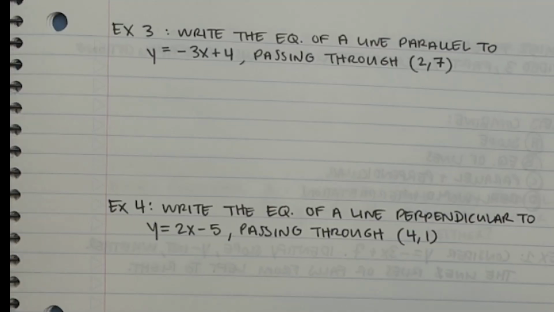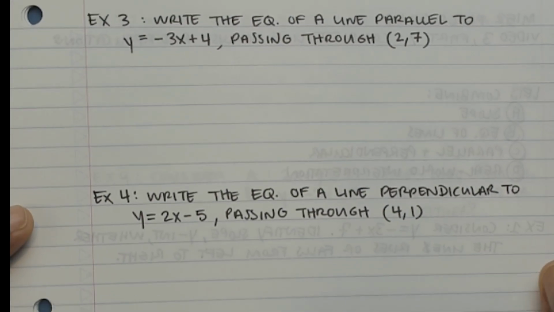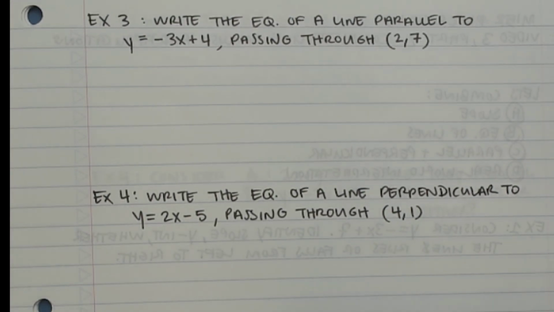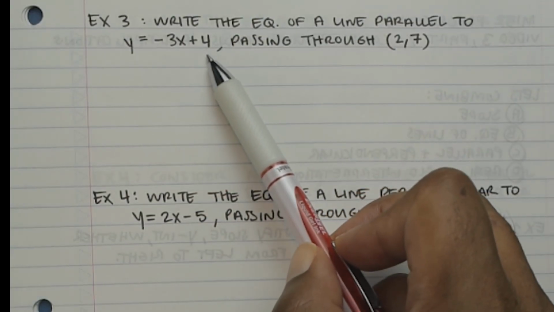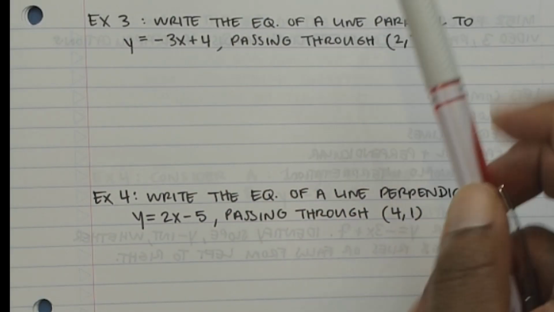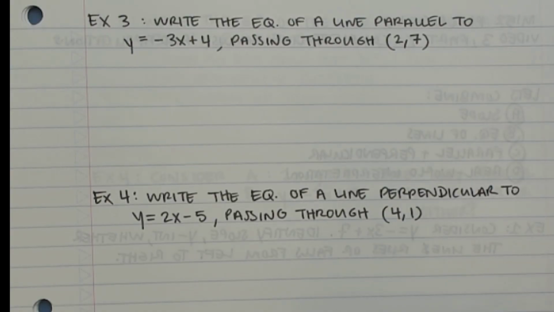Let's look at another example. Example number 3. Write the equation of a line parallel to y equals negative 3x plus 4, passing through 2, 7. So the first thing we want to do is recognize that a parallel line must have the same slope. So we have m equals negative 3.